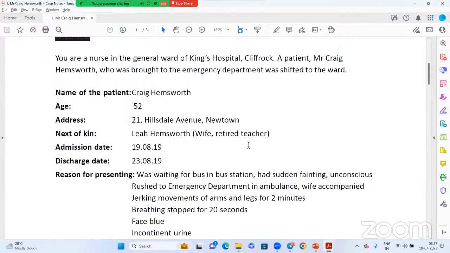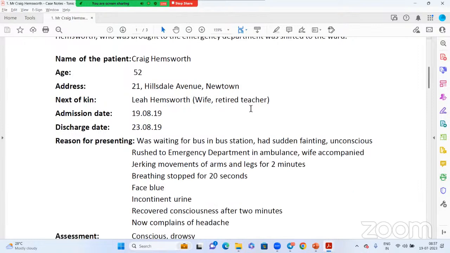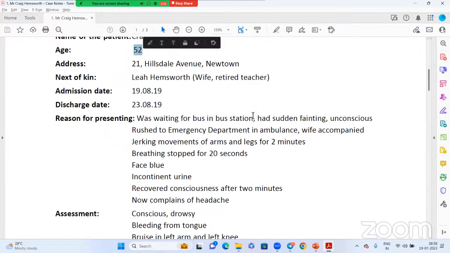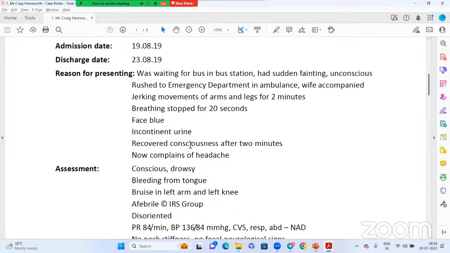So Craig Hemsworth, 52. Wife is a retired teacher, so he lives with his wife. Craig Hemsworth is 52 and his wife is already retired. So what about Craig Hemsworth?